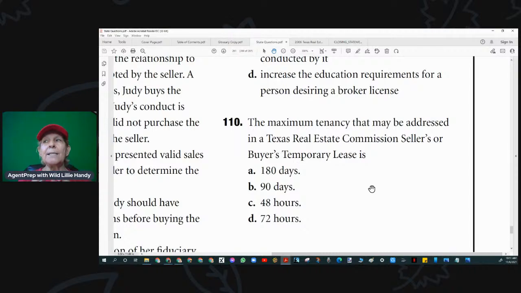So how long can a temporary lease be by a seller or a buyer, before or after a property closes? A, 180 days, B, 90 days, C, 48 hours, or D, 72 hours.